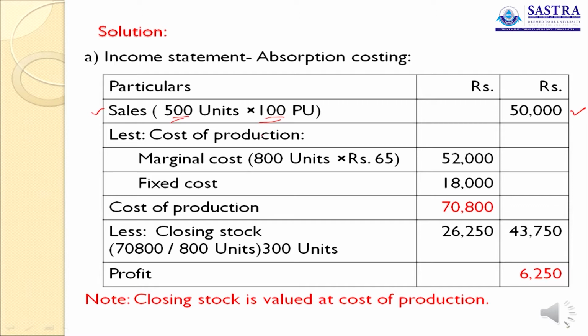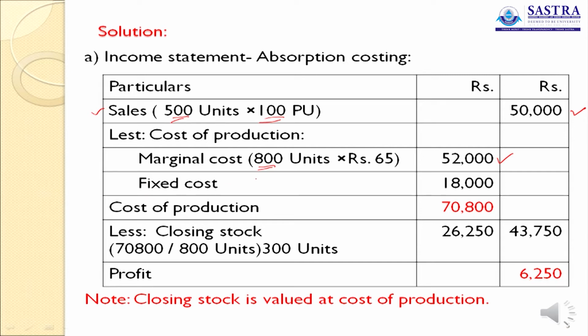Less cost of production. As I already told you, in absorption costing the cost of production includes both marginal cost as well as fixed cost. So here we have to take both costs. The marginal cost is not only for the number of units sold; here we have to take the number of units produced. So the marginal cost for 800 units into 65 per unit is 52,000, because the number of units produced were 800 units.